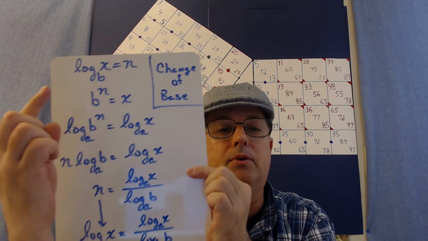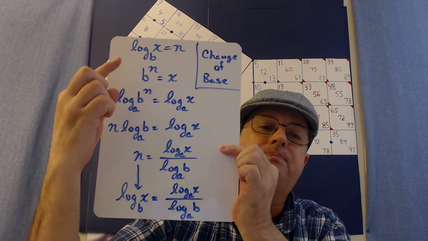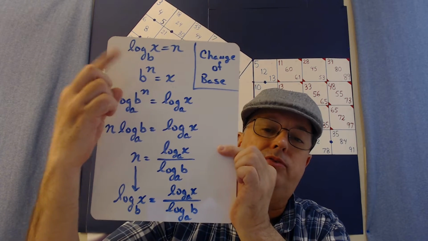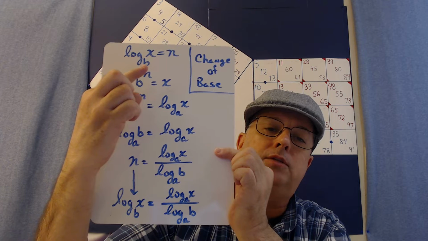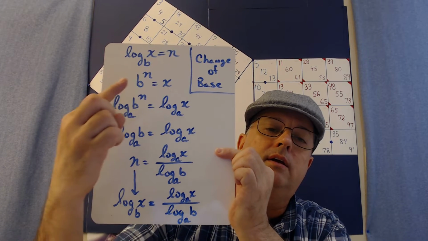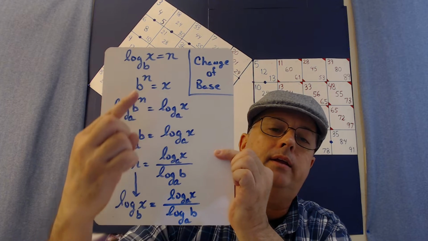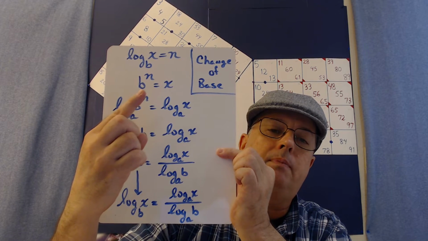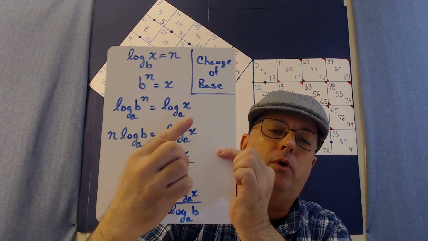So let's remember the change of base property, or the change of base feature of logarithms. We start out with log base b of x equals n, and then we can make that round trip: b to the n equals x. And then we can take the log base a of both sides.